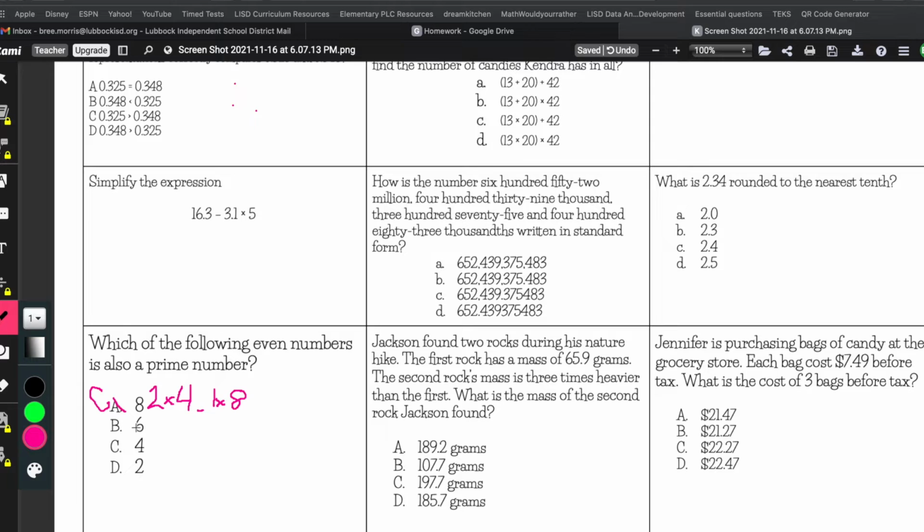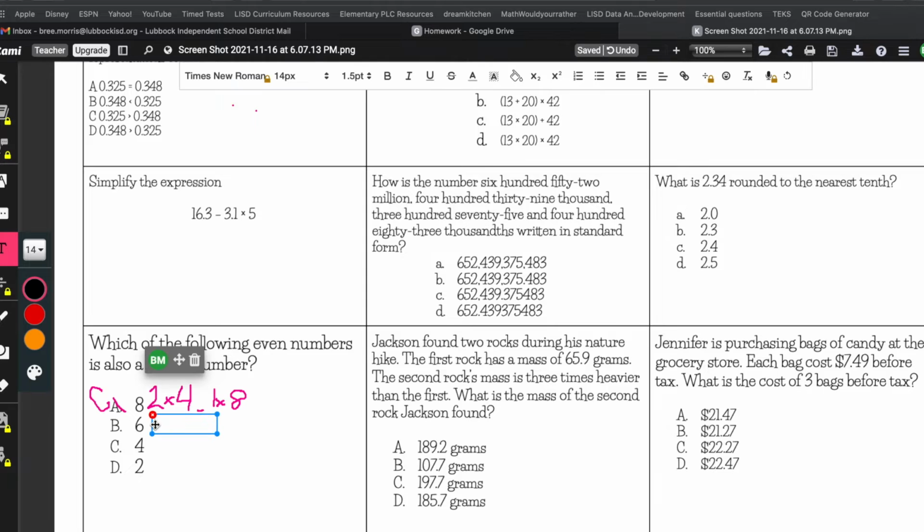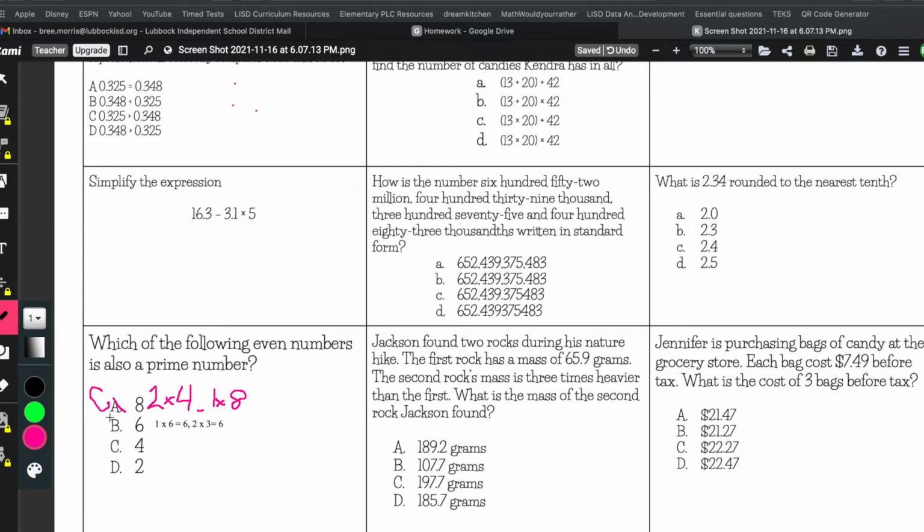What about 6? I know I can't do this awful handwriting on here. I know that 1 times 6 equals 6. I know that 2 times 3 equals 6. So it cannot be B. This is composite.